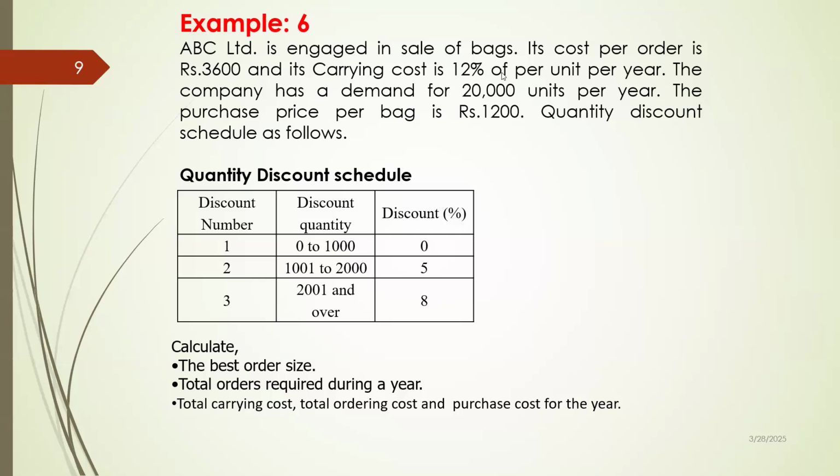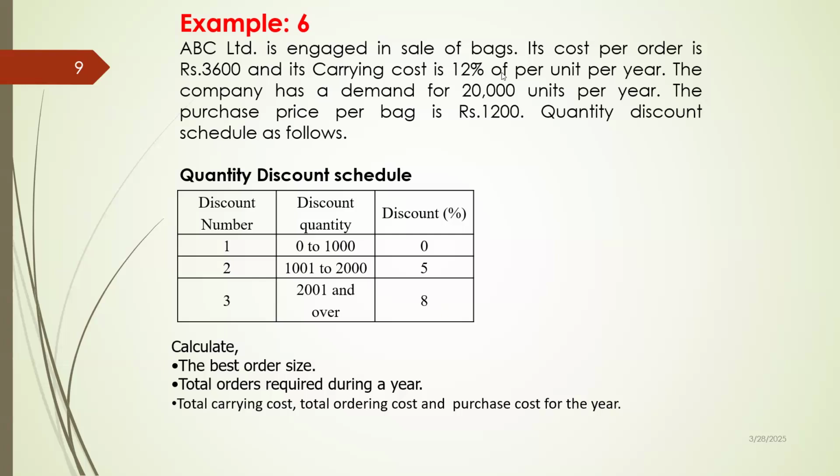Anybody just try to confirm the answer. This is not the best order size. The first answer, you mean that EOQ value? Yes, for the first discount range. Right. Okay. Then I think the final answer is that the best order size is 2001 units.